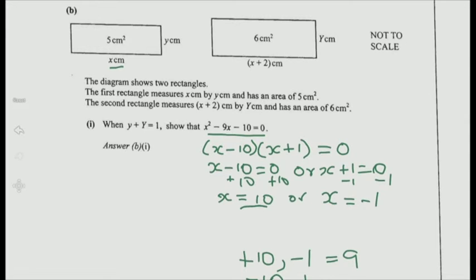Then, how do we get the perimeter of a rectangle? The perimeter of a rectangle, P is equal to 2 times L plus B. So that's how we get the perimeter of a rectangle.